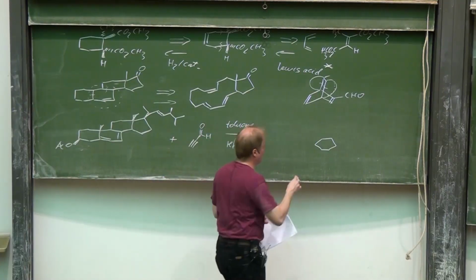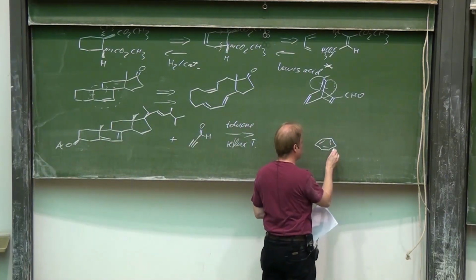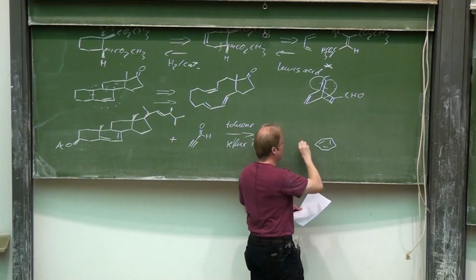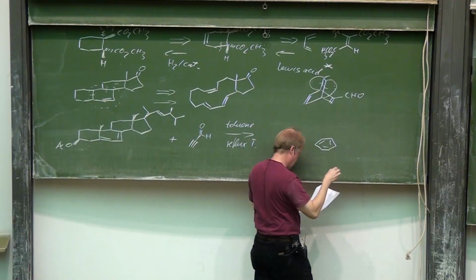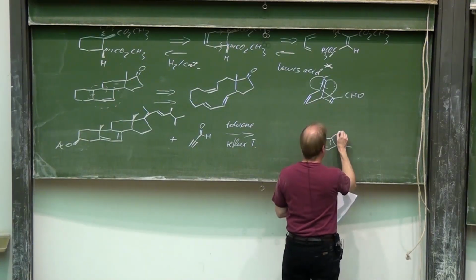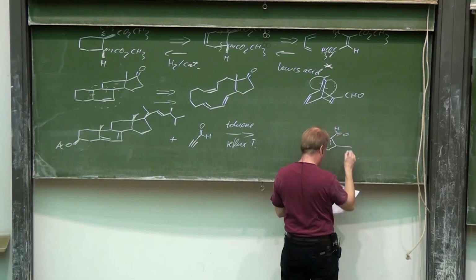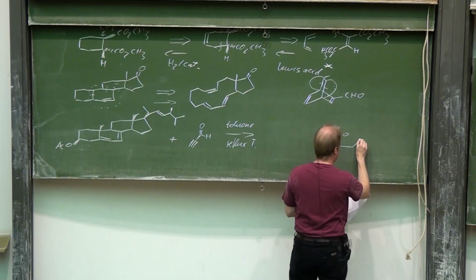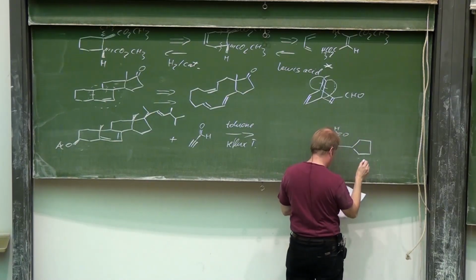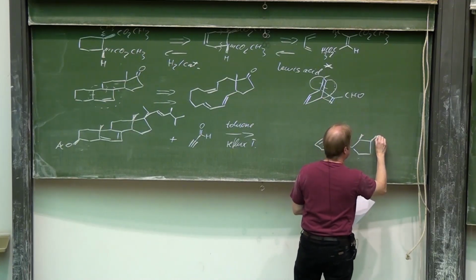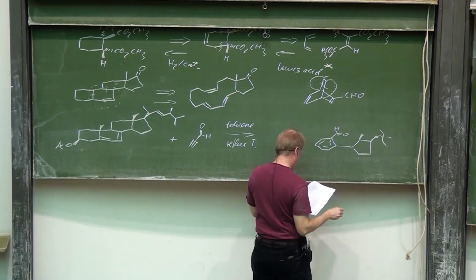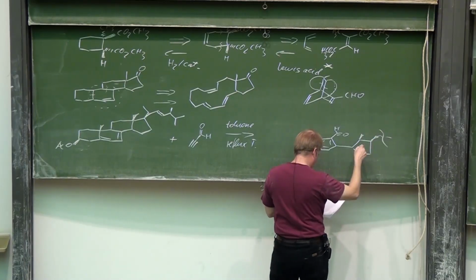Ansa compounds are those, for instance, having a benzene ring and, well, something like that, as you will see it now, attached. So I abbreviate the structure there.